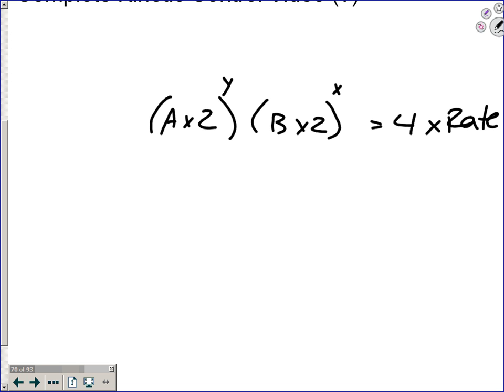Based on how it's phrased, how the rate is impacted by these changes in concentration, your job is to figure out these orders. The only thing those can be to make a fourfold increase in rate is that this has to be 1 and this has to be 1, because 2 to the first power times 2 to the first power is 4.